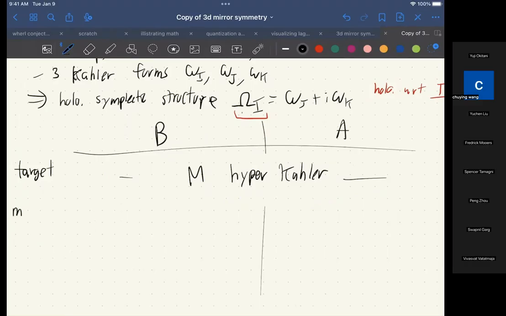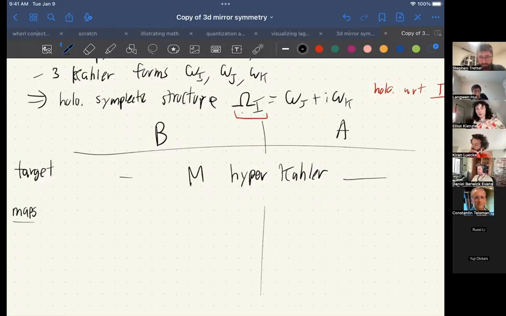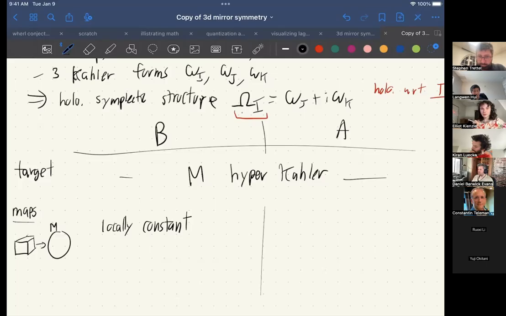And the thing of interest is, again, what type of maps are we allowing between our three-dimensional space and the hyperkähler manifold? So now our source is three-dimensional, and our target is this hyperkähler manifold. And on the B side, we again have locally constant maps, just like in 2D mirror symmetry. Whereas on the A side, instead of holomorphic things, we have things that respect the quaternionic structure.